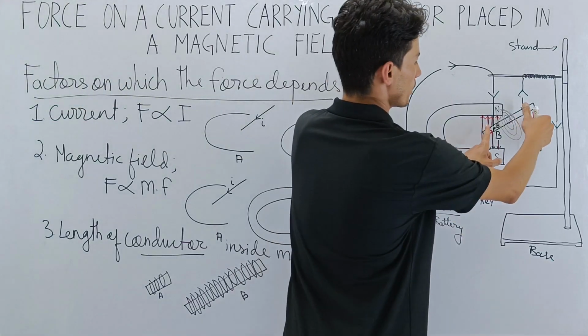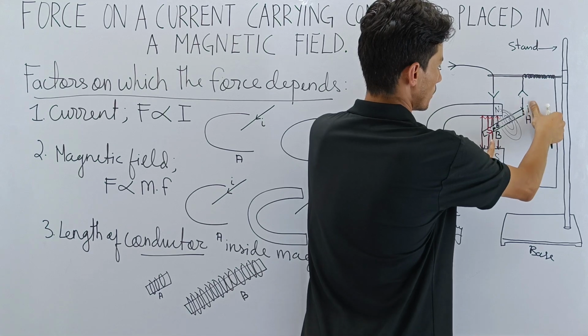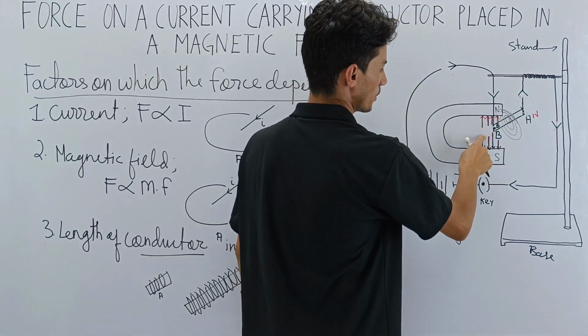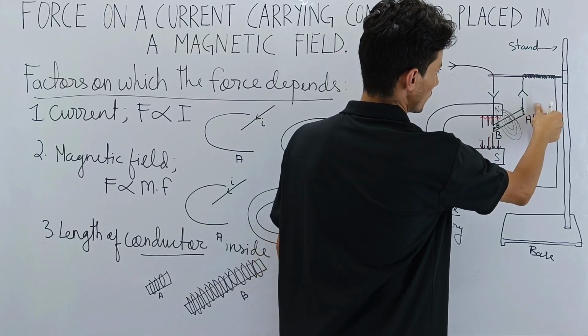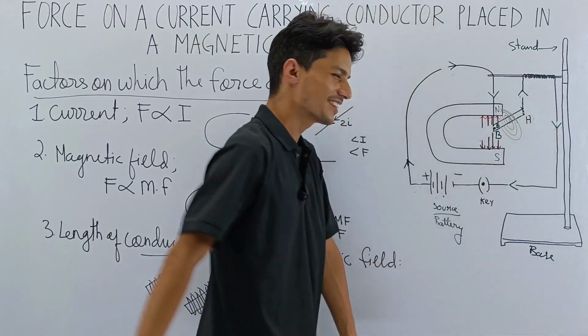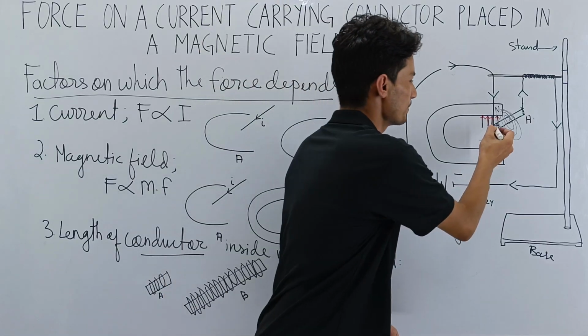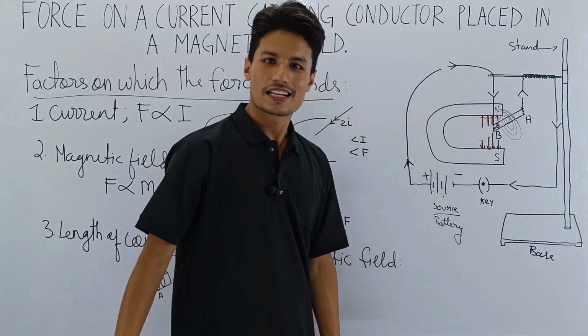Basically, if the current carrying conductor is short, the magnetic field produced here will also be less, isn't it?